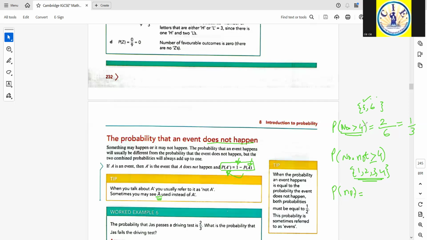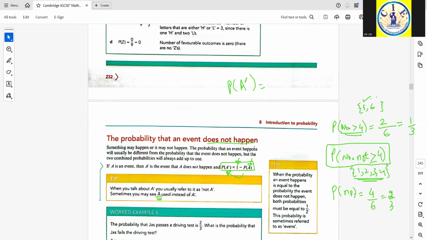For the numbers not greater than 4, the numbers were 1, 2, 3, and 4 itself. So I can say that its probability was 4 by 6, which can also be written as 2 by 3. So to get this probability of not A, the probability of the numbers which are not greater than 4.